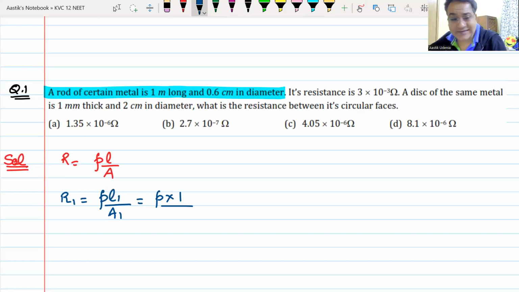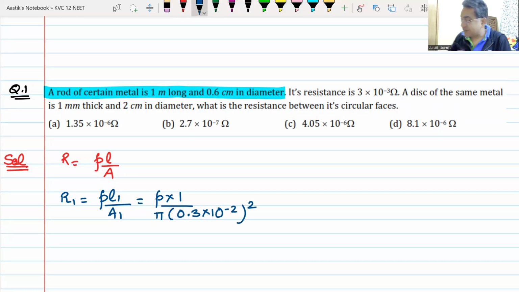Diameter is 0.6 centimeter, so radius becomes 0.3 centimeters. So area becomes pi into 0.3 centimeters, remember the units, so 10 raised to the power minus 2, pi r square. You should not make any mistake with the area and the units. Do we understand this?